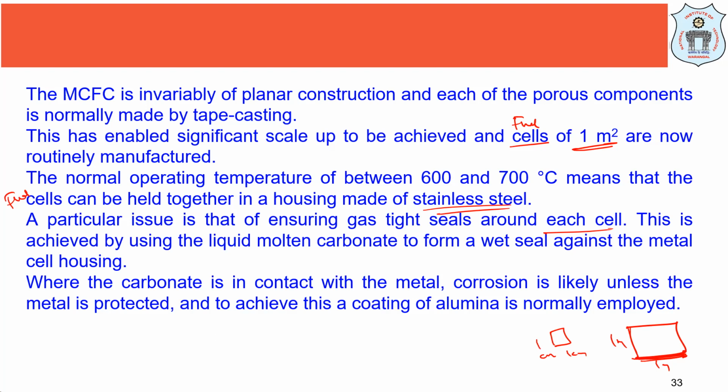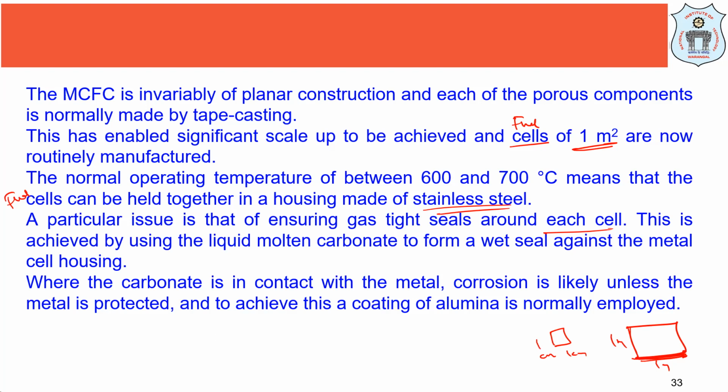Okay. So these fuel cells can be held together in a housing made up of stainless steel. Okay. A particular issue is that of ensuring gas tight seals around each cell. That is a challenge there. Obviously, we want to have a gas tight seal, and this can be achieved by using a liquid molten carbonate to form a wedge seal against the metal cell housing.